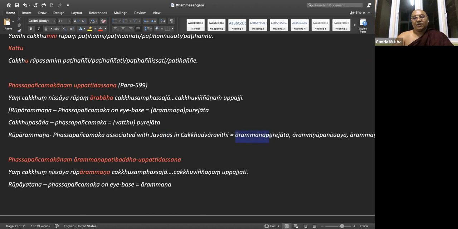Only Aramana Purijata will be. Only when the object is very strong, attractive and also desirable, then there may arise Lobha Mula Citta, and there will be Aramanadhipati and Aramanupanisaya coming together. So all the possibilities are taken here.